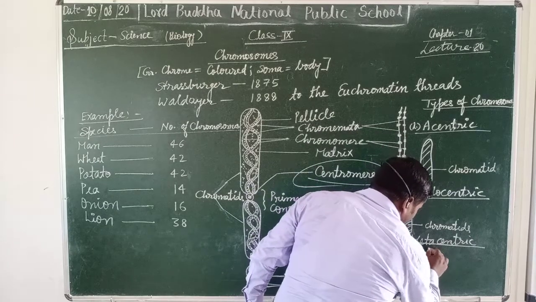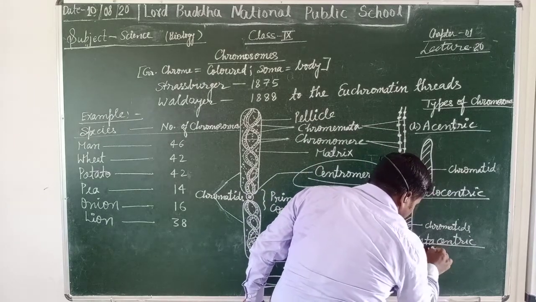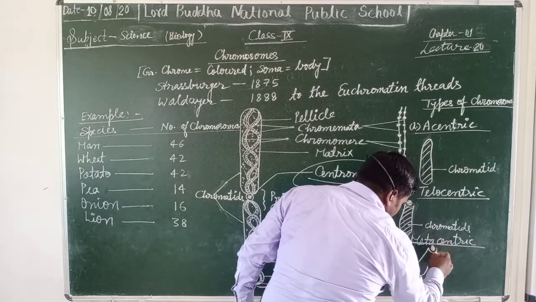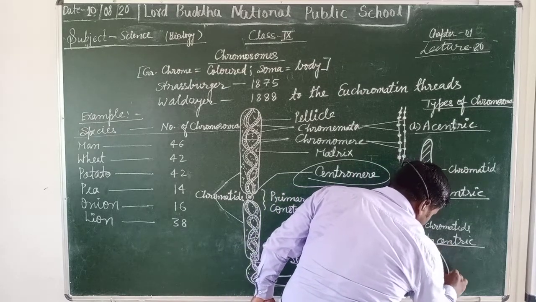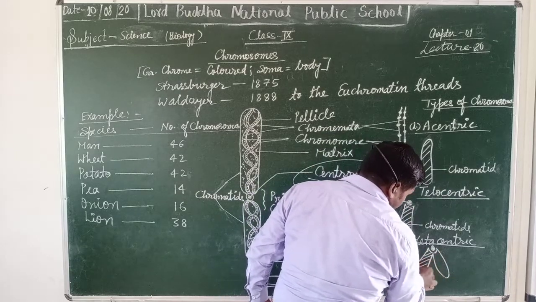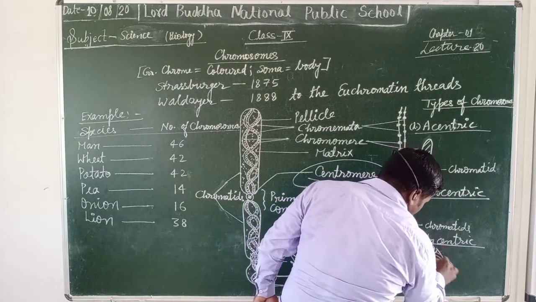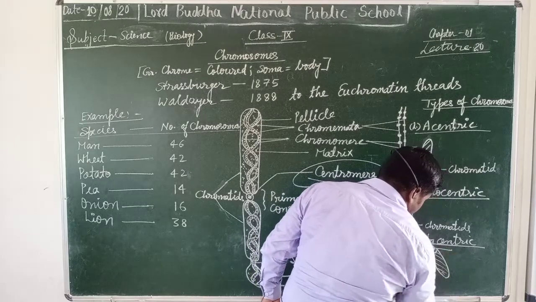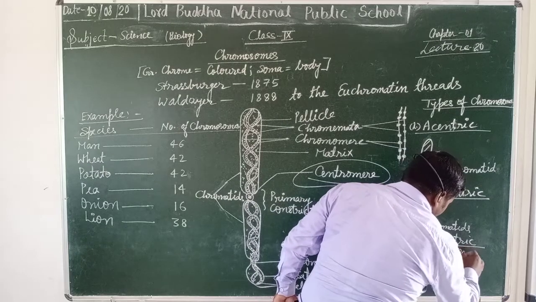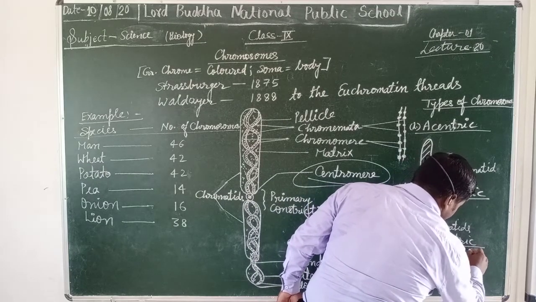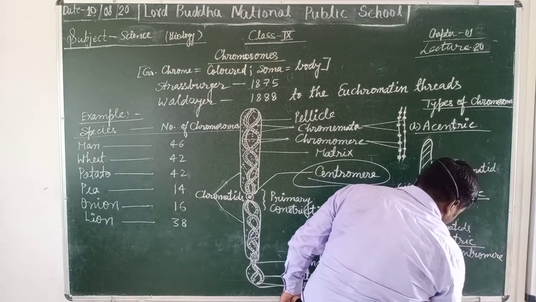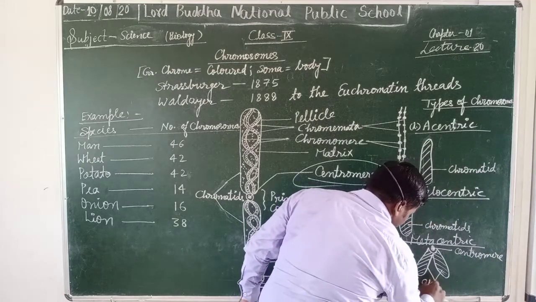When the centromere is present in between the chromatids, it means in between both arms of the chromatids, the centromere is just located. Such a type of chromosome is said to be metacentric. And this is the arm of the chromatids.